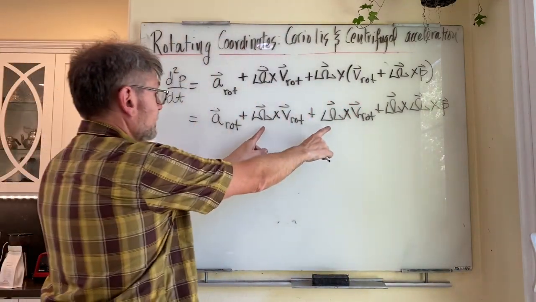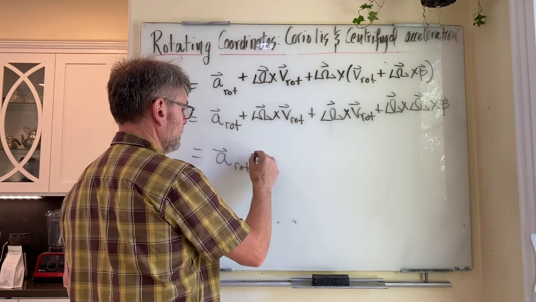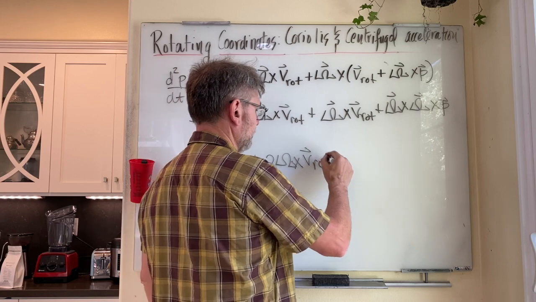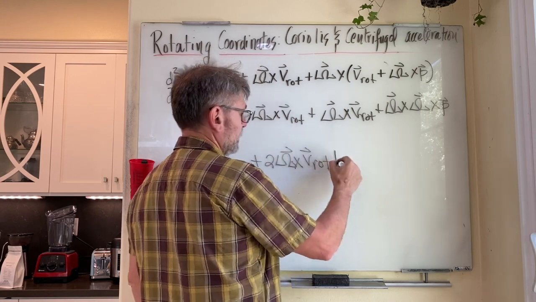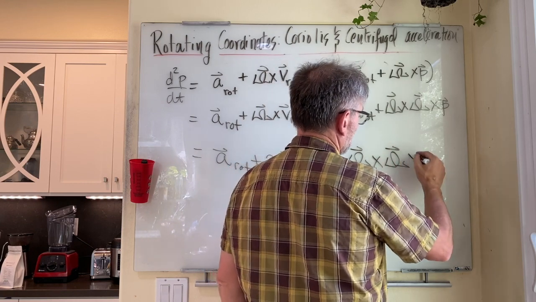These two are the same, I can combine them. So a in the rotating frame plus 2 omega cross v in the rotating frame plus omega cross omega cross p.